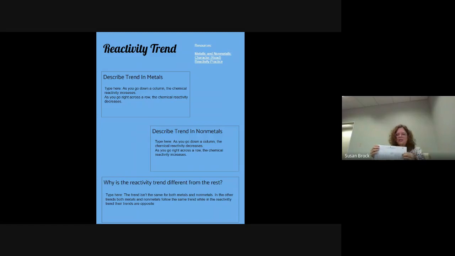All right, and then down a group, they become less reactive. It decreases because the nucleus is so far from the outer parts of the atom that they can't bring in other atoms. So the non-metals, they get together and they share. They share electrons or they take electrons away from metals.